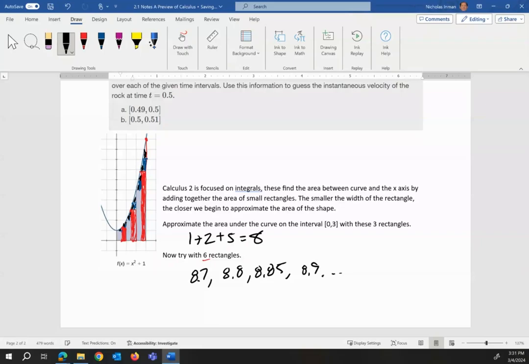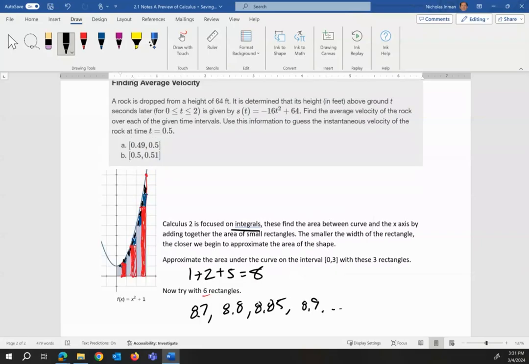We would keep getting these answers that are getting closer and closer to something. And calculus is going to be the way that we figure out what it actually adds up to. We do that with something called an integral. Add up all these little tiny areas. That's the end of Calc 1 and the start of Calc 2.